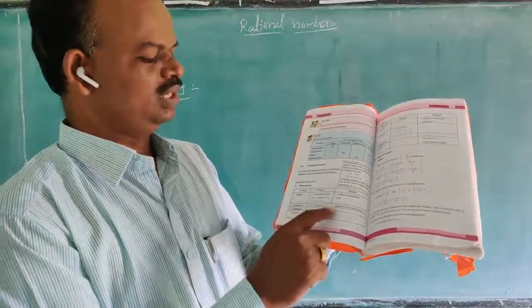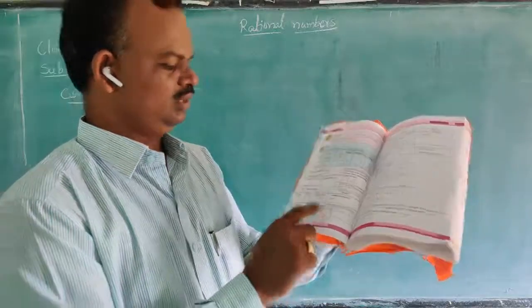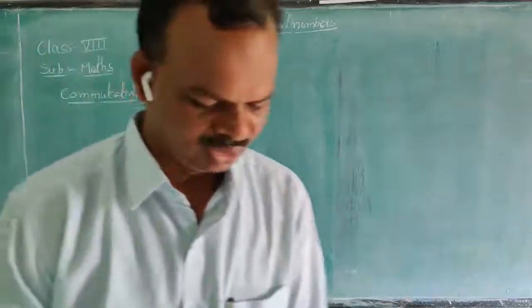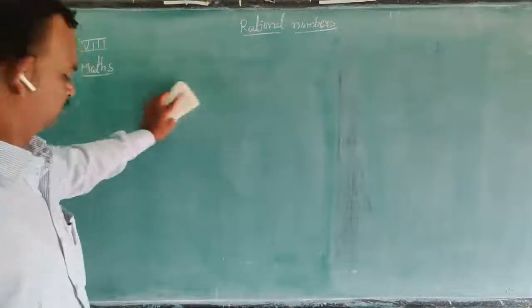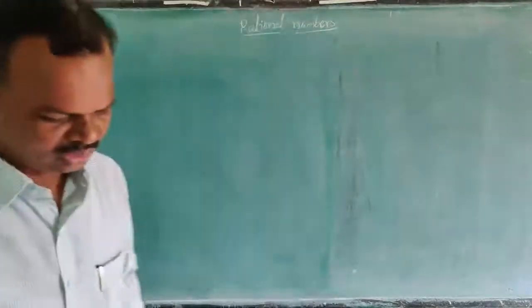Here some blanks are there. We will fill the table in the textbook and also write in the notebook. First one is whole numbers.